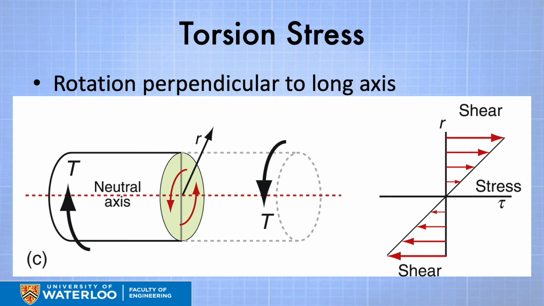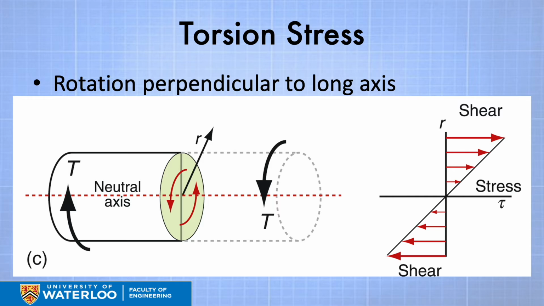Torsion stresses are really important for many machine components, such as electric motors and internal combustion engines, because we use shafts to transmit torsional or torque energy and power.